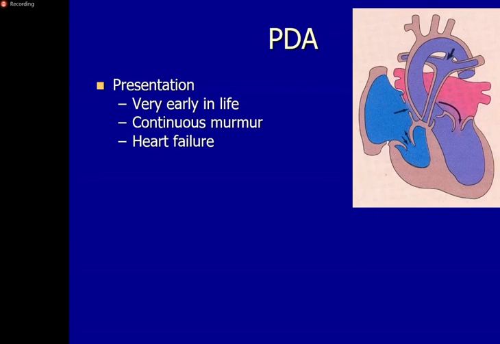So from 120, it will pump blood to about 15 or 20 here. Whereas during diastole, from 80, it will pump down to about 10 millimeters of mercury in the diastolic pulmonary artery. That is why you get a continuous murmur, which we call a machinery murmur.